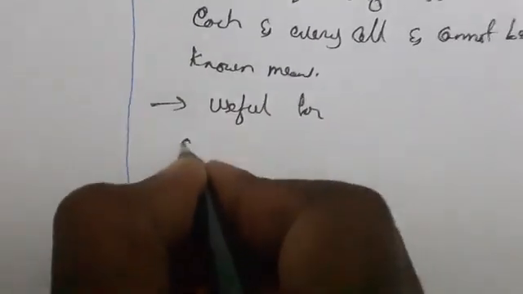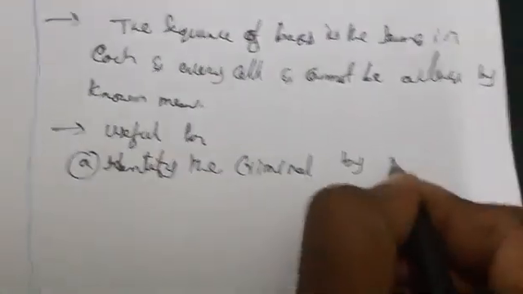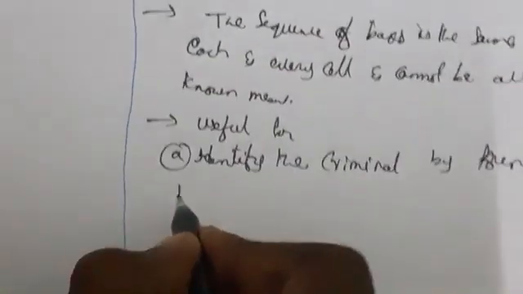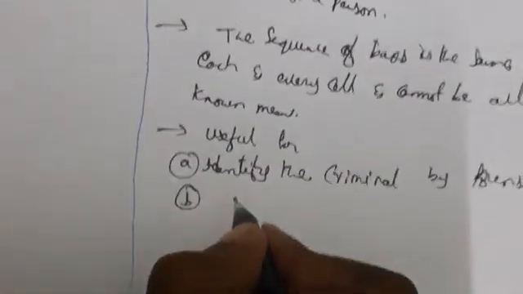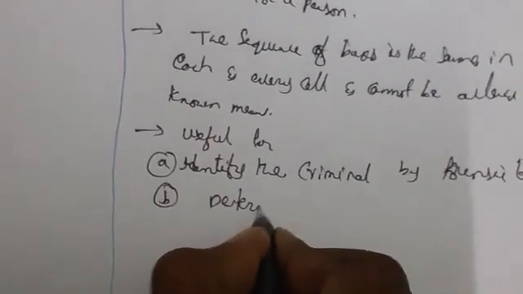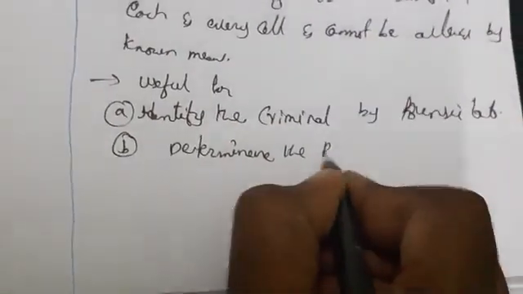Useful to identify the criminals by forensic lab, and also for determining the paternity of the individual. Sometimes they may cheat their parents. They can determine the paternity of the individual, whether the child belongs to the parents or not.